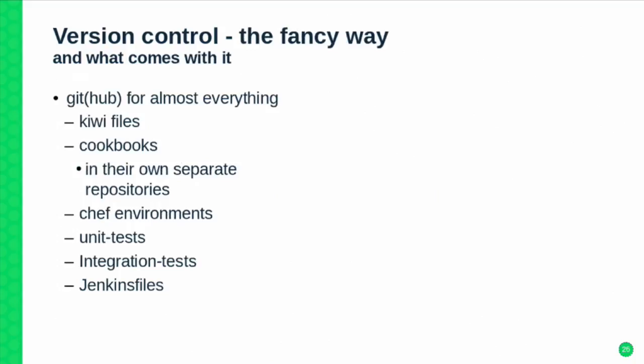As I said before, we are making use of the already deployed GitHub Enterprise at SAP. We check in almost anything, I think everything. Like KIWI files, all the Chef cookbooks in separate repositories because it makes it easier to test the code, Chef environments, of course, all our test suites, unit tests, integration tests, and also all the Jenkins definitions that we have.